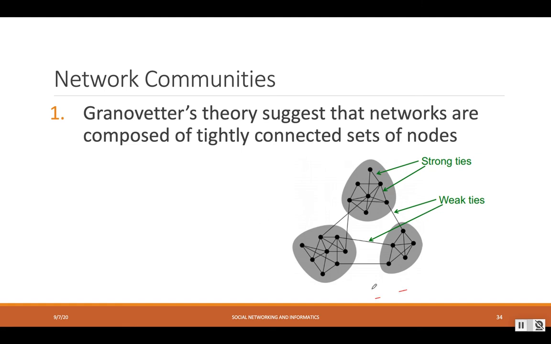From that figure and all the theory we have learned so far, we can say that a network is a collection of communities and a collection of strong ties and weak ties. All the ties inside the community we can consider as strong ties, and all the ties that connect two different communities together we can consider as weak ties. For example, this one is a weak tie and this one is a weak tie.